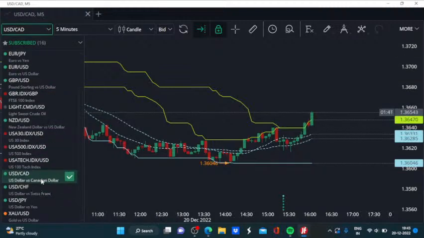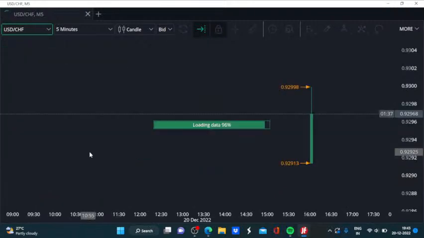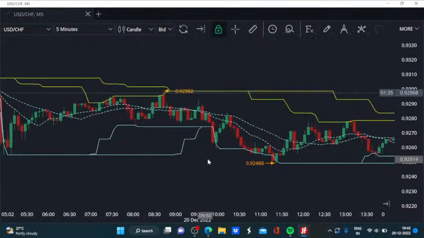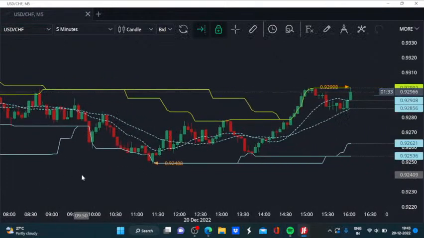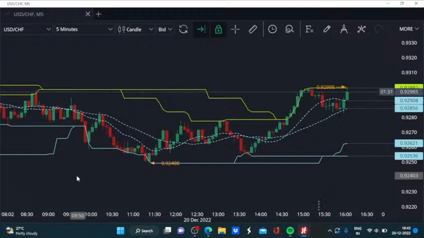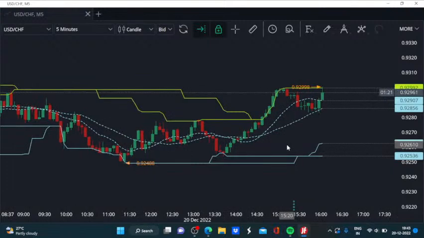Let's see the situation with USD CHF. USD CHF is also in a corrective phase, but it is on the weaker side compared to the CAD. The CHF is trading with a more bearish bias, and as a result of that, I think we will have to rank it quite behind.